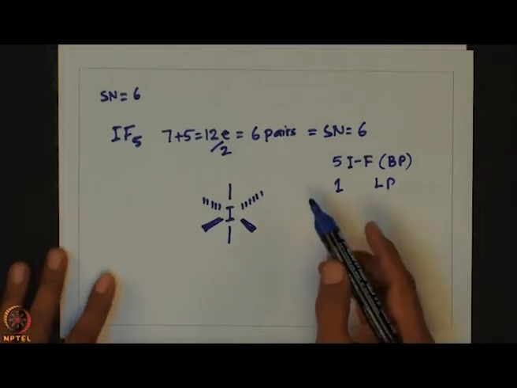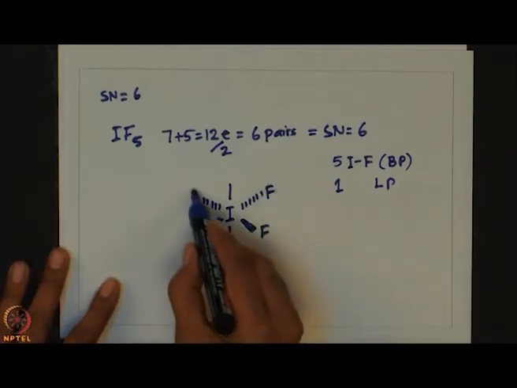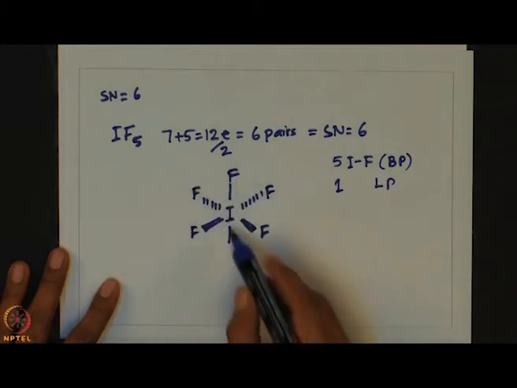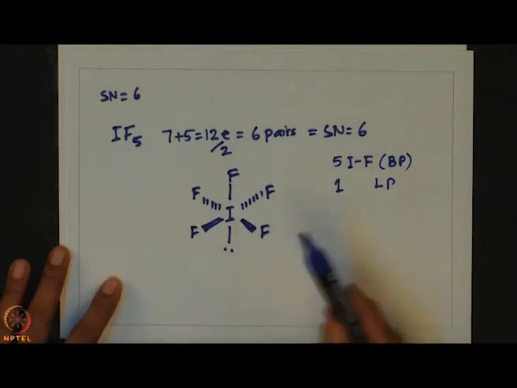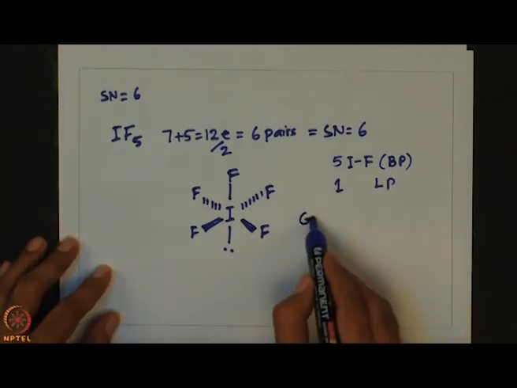So, first let us make 5 I-F bonds, 1 here, 1 here, 1 here, 1 here, 1 here. Now the lone pair will come and sit here in one of the axial positions. Now if you just look into it, the geometry is octahedral.